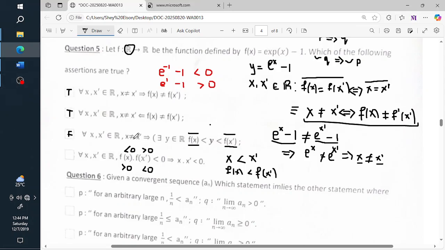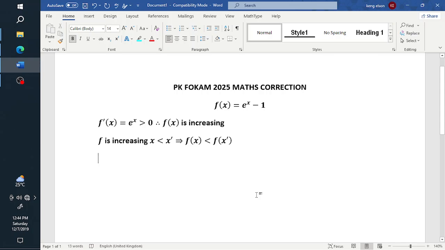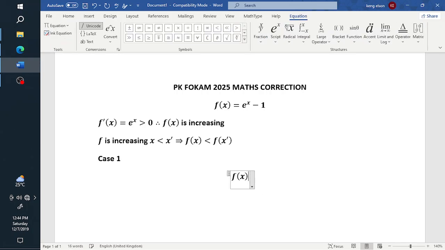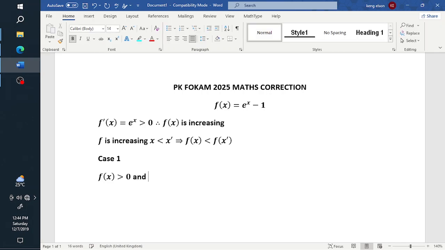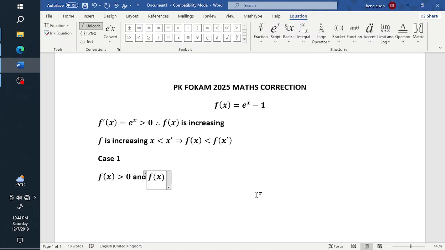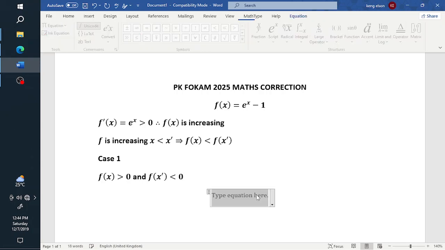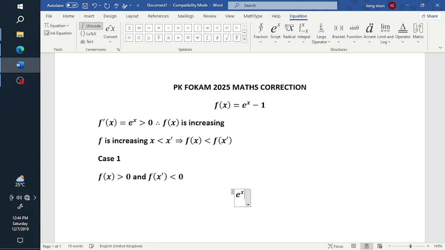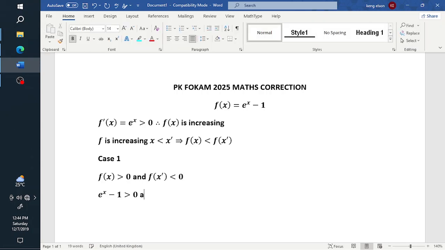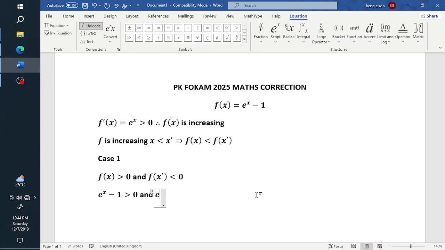Let's take case 1, when f of x is positive and f of x prime is negative. Now it means that e to the x minus 1 is positive and e to the power x prime minus 1 is negative.